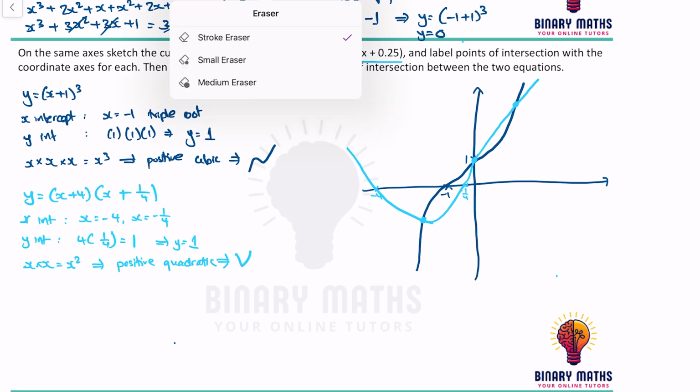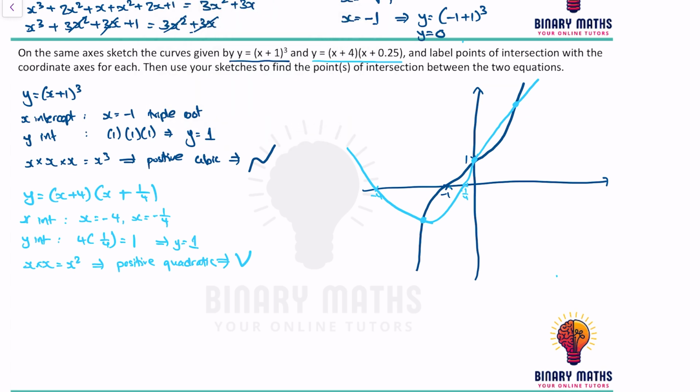Okay, so let's solve it by equating it. So I've got x plus 4 times x plus a quarter is equal to x plus 1 cubed. When I expand this, I get x squared plus 4x plus a quarter x plus 1 is equal to x plus 1 times x squared plus 2x plus 1.